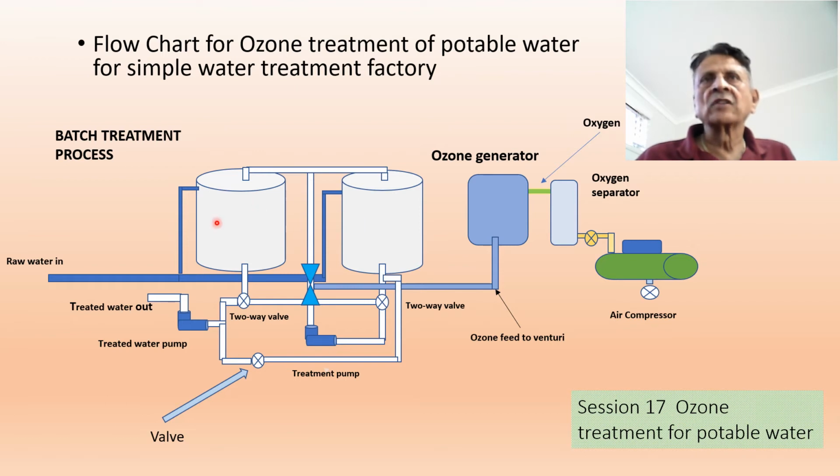So by alternating the use of the tanks, we might be able to produce continuous treated water for the factory at a considerably cheaper rate.